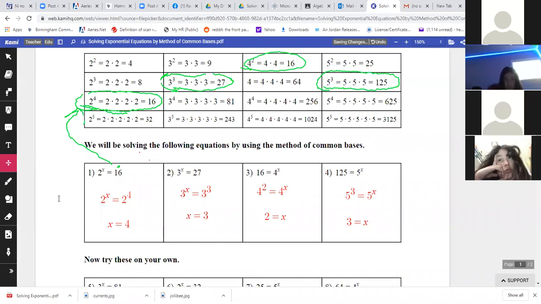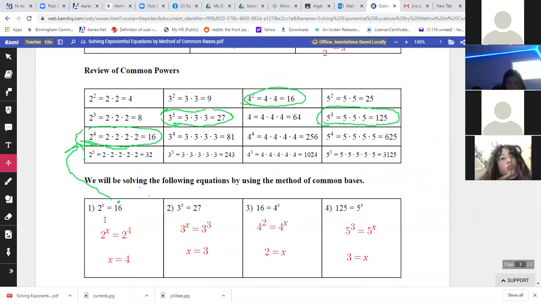So a couple of things that I want you to do now. I want you to do 5 through 8 on your own. Also, if you are taking notes on a separate sheet of paper, I'm going to be scrolling past this and you will probably need this table for later problems. So if you want to take a picture of it, now would be the time to do so.